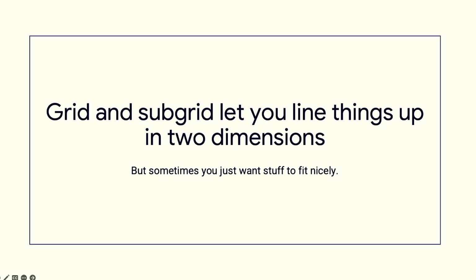Because as well as lining stuff up in 2 dimensions, which is something that we have needed to do and we can now do, we have another problem with things that have unknown height. Because sometimes you don't want a strict griddy grid. You just want to have, say, nice columns, and then things just fit into the columns really nicely. That's a layout thing.